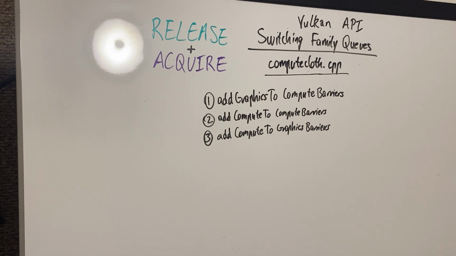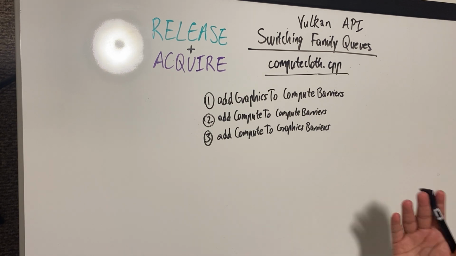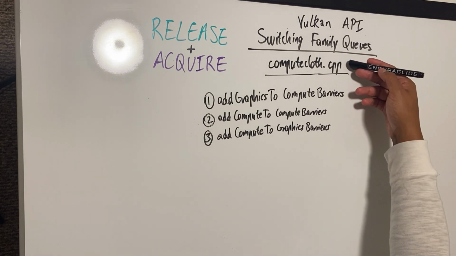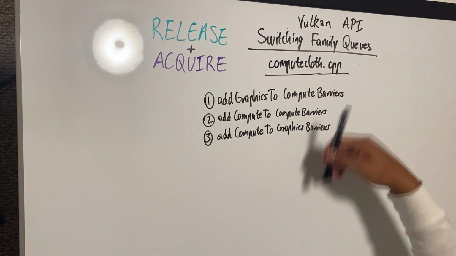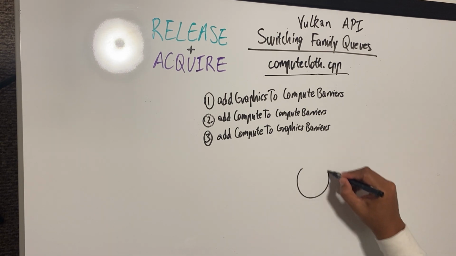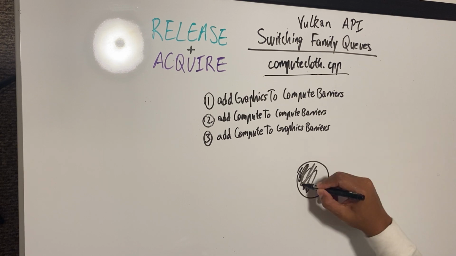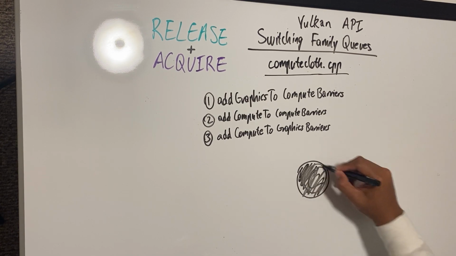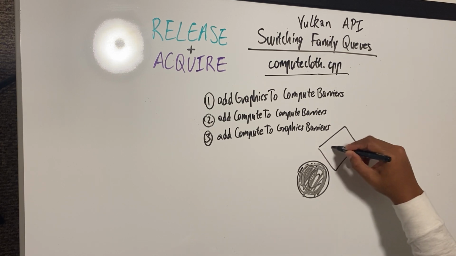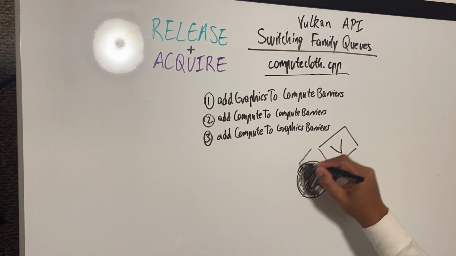All right, so we have this ComputeCloth.cpp algorithm that is freely available. It's on GitHub, and I'll provide a link below for that algorithm. You will install this in tutorial number 13. As part of the process, you will install this algorithm, and you will actually have it running on your machine. So again, real quickly, it's a globe with a cloth basically descending down.